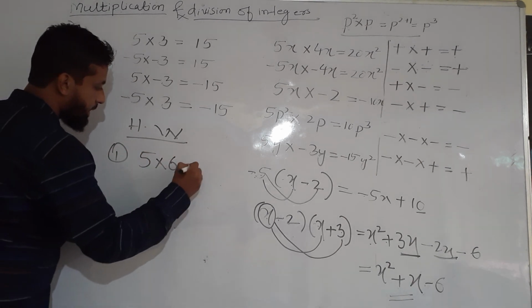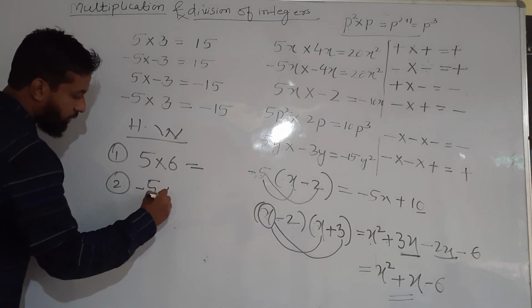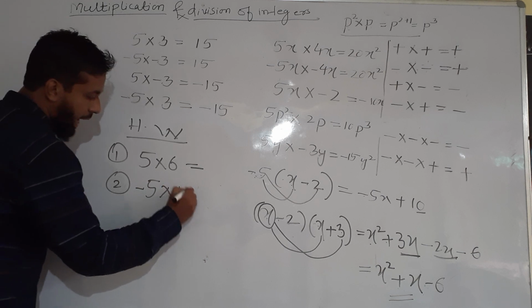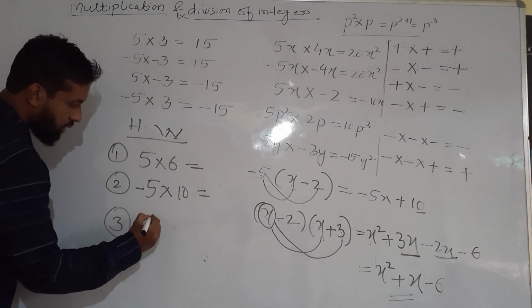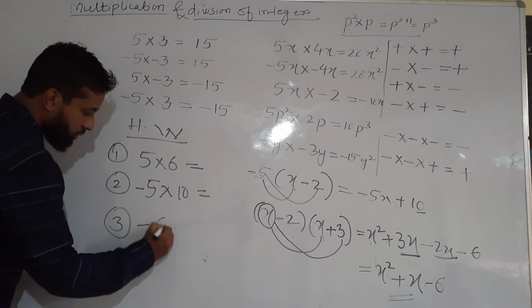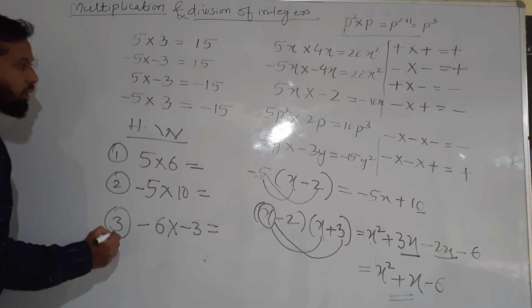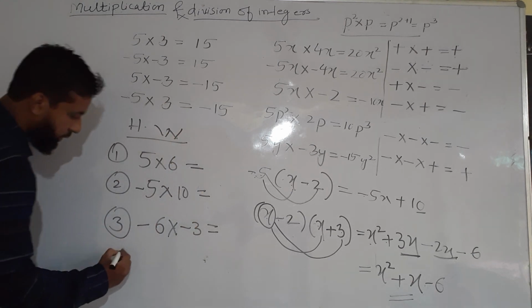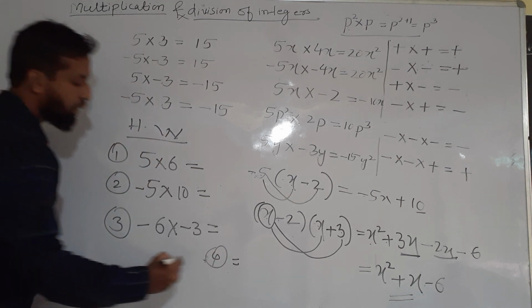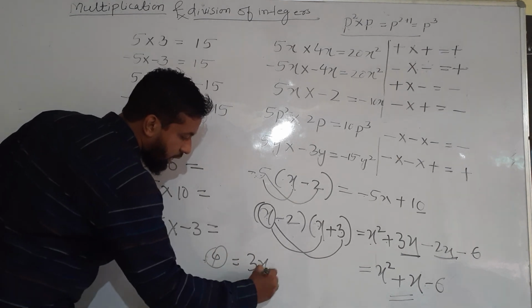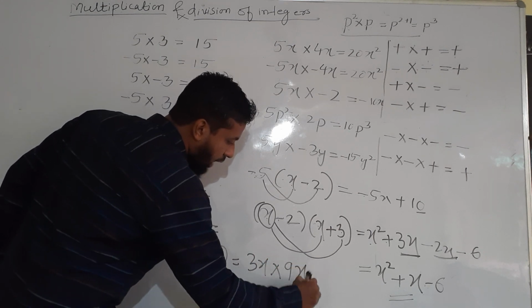Five into 6, minus 5 into 10, minus 6 into minus 3. Then fourth question, 3x into 9x.